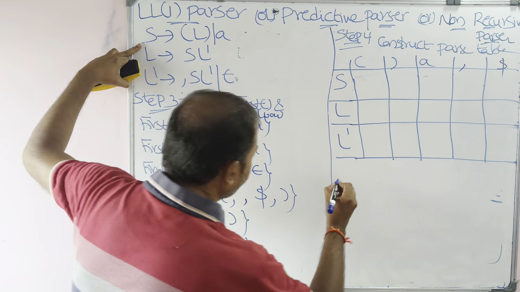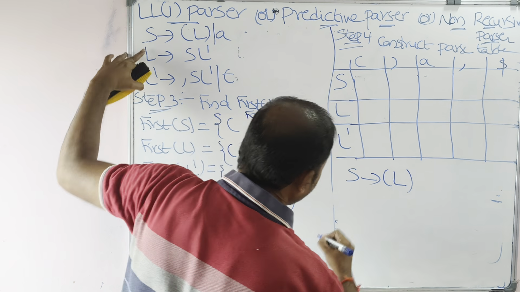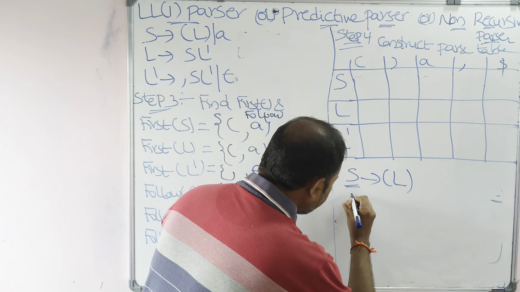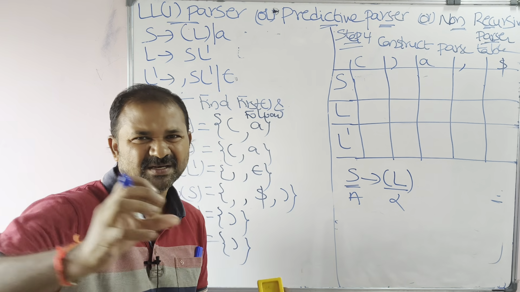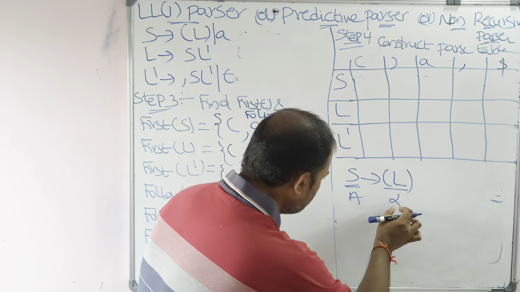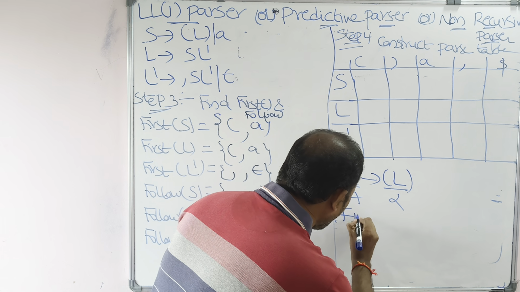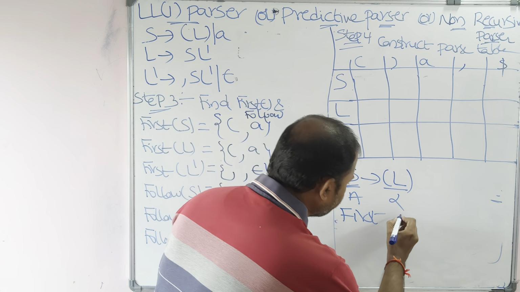Next, let us consider the first production. S produces left parenthesis L, right parenthesis. If a production is in the form A produces alpha, where alpha means some terminals and non-terminals, then we need to calculate first of alpha. So first of this is left parenthesis.